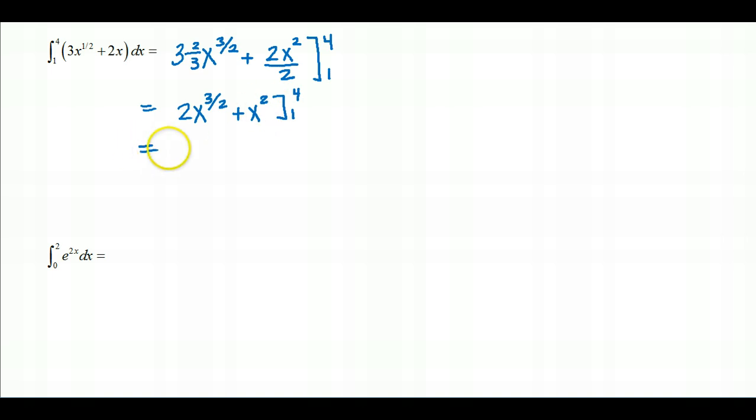So if we substitute in 4, we're going to have 2 times 4 to the 3 over 2 plus 4 squared. And all we've done is substitute in the 4, the upper limit of integration. And now we need to subtract, plugging in the lower limit of integration into the general antiderivative. So we're going to get 2 times 1 to the 3 over 2 plus 1 squared.